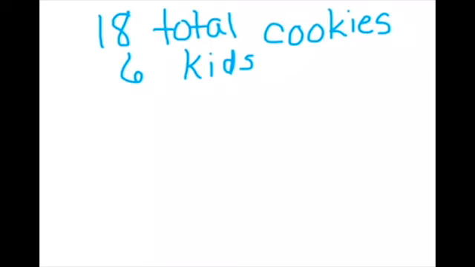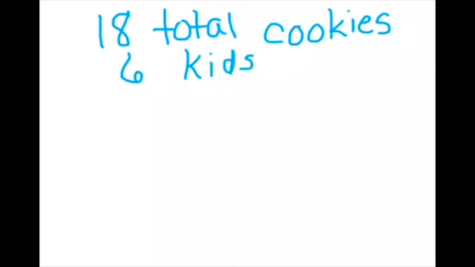If I gave one kid a whole bunch of cookies, like 10 cookies out of my 18, then the other kids are not going to get as many. And maybe there will be even some kids that don't get any at all. That's not sharing, and that's not fair. So by sharing equally, I got to make sure each kid gets the same amount of cookies to make it fair and to share, right?